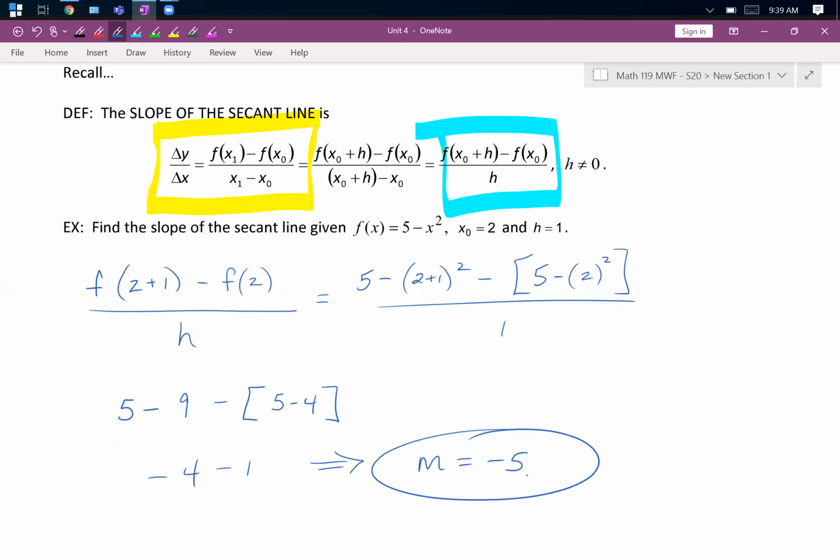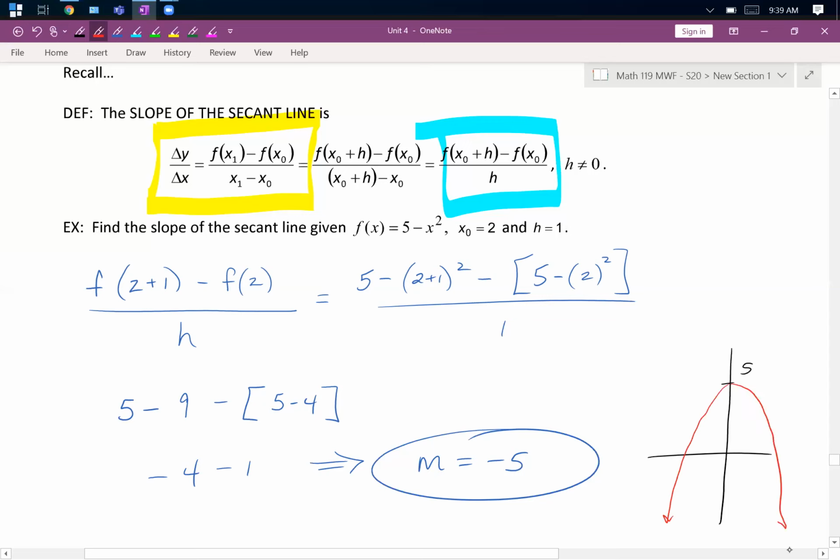Questions at all? I just want to pull up the graph. We'll just draw the graph here of this function real quick. This is a parabola pointing down. It's been shifted up 5. And they're asking for the slope of the secant line at 2.